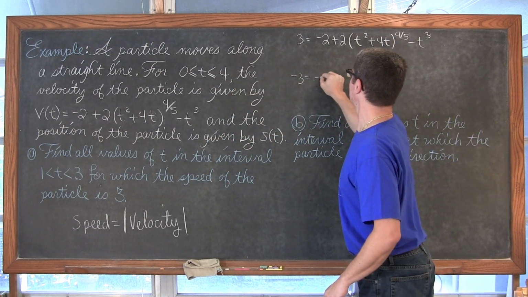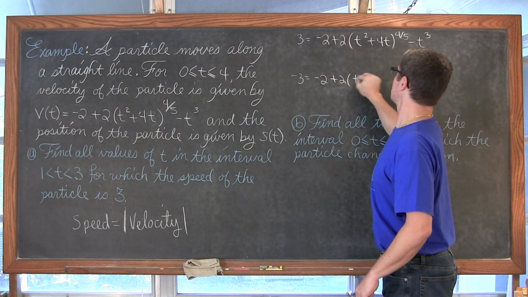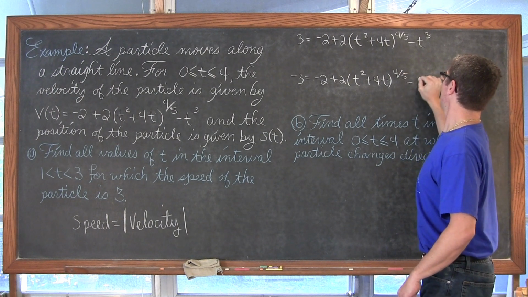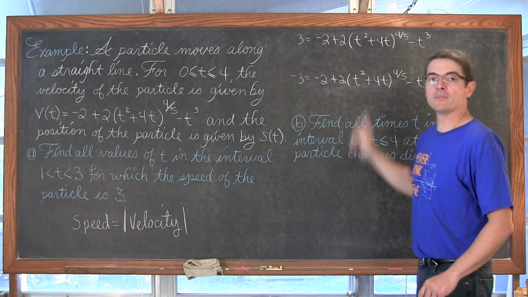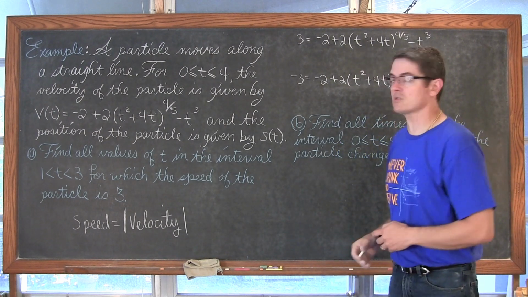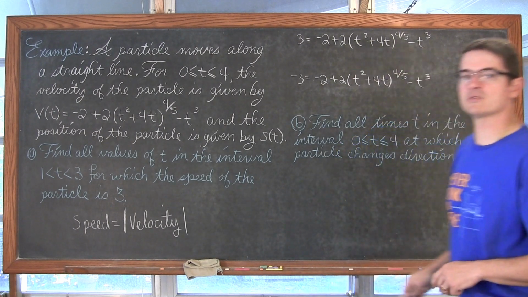So we have negative 2 plus 2 times (t squared plus 4t) to the 4/5 power minus t cubed. Let's get these equations set equal to 0 and look at how we need to solve these with our calculator and write the answers up here on the chalkboard.